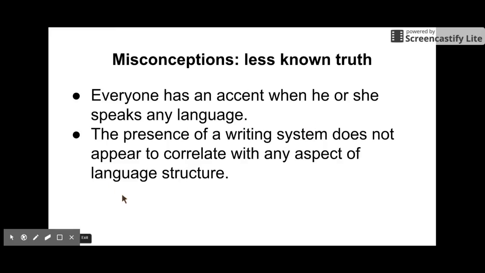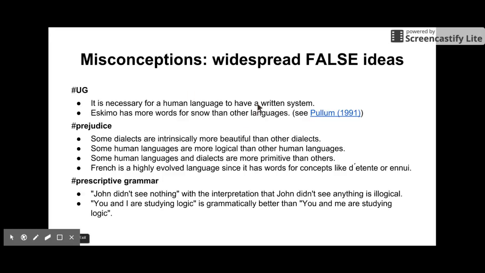The other one, the presence of a writing system does not appear to correlate with any aspects of language structure. Okay, this is related to the previous concept we were talking about, the written system.